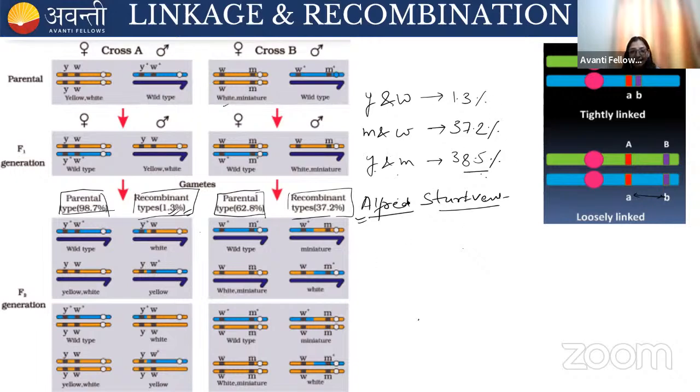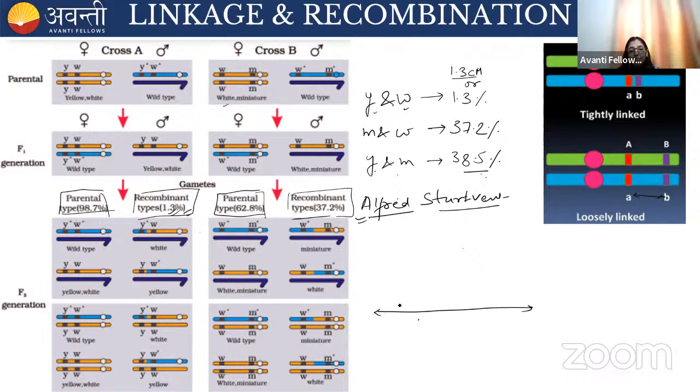He said that we can also write this recombination frequency as 1.3 centimorgan. That is the distance between the genes. So here 1.3 centimorgan represents the distance between the y gene and the w gene, that is the gene of the body color and the gene of the eye color. Okay.